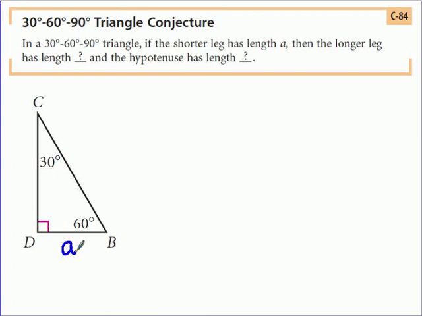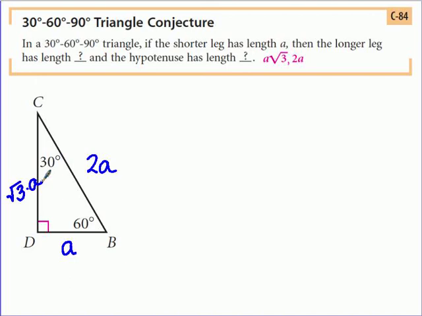Now I'm going to tell you a few things. The side opposite the 90-degree angle will always be twice the shortest side. So the hypotenuse will always have length 2A, and then the side opposite the 60-degree angle will always be root 3 times A. So the hypotenuse is double the shortest side.